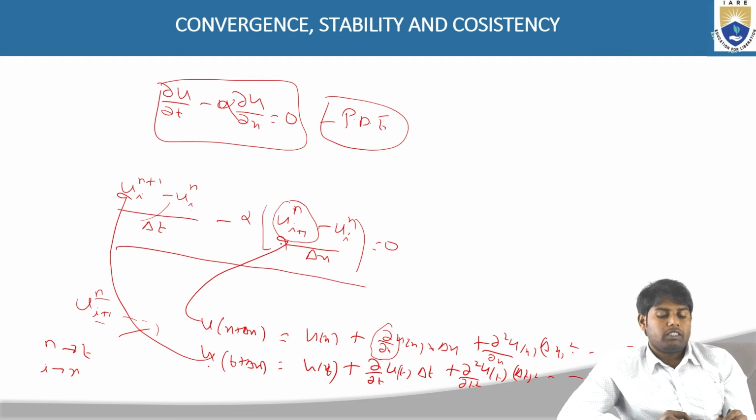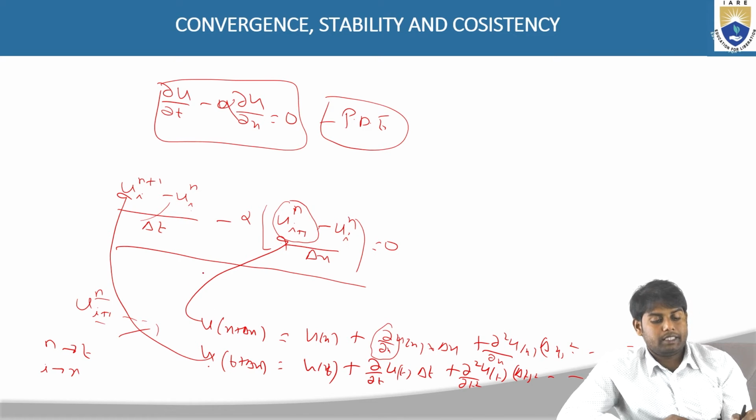Let's say you have the terms u of i plus 1 to the power of n and u of i to the power of n plus 1. These two terms we expand in terms of Taylor series and substitute here.